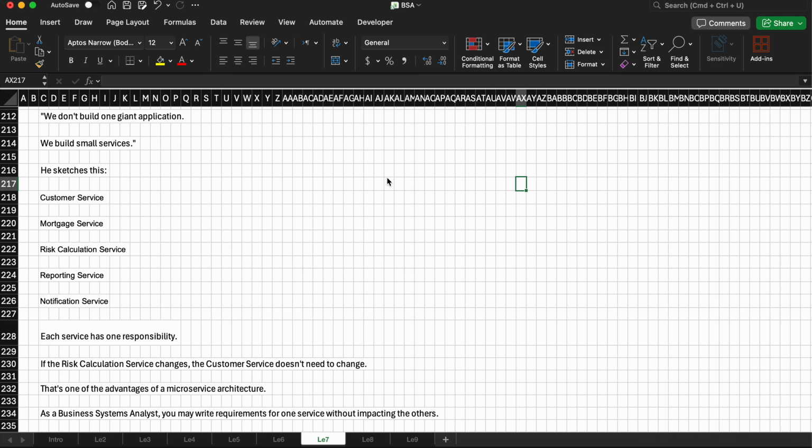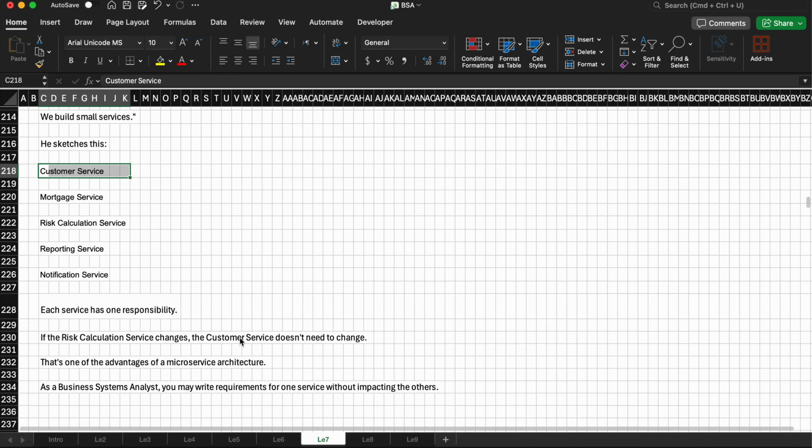A single application is a monolith. In a microservice approach, the services are built separately, right? So if customer service changes, we don't need to change the other services. We can just fix this service only.